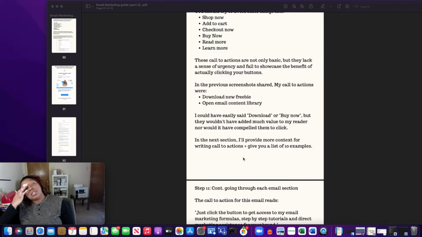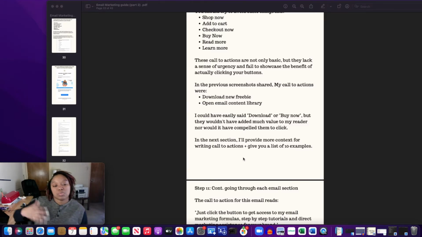So if you were to sell clothes, for example, you could say something like update my closet, get new spring 2022 fashion pieces. If you sell furniture, literally change, improve my feng shui, improve energy flow, change my environment, ball out on my house. Like, you want to get creative and use language that your audience would use so that your call to actions make sense.